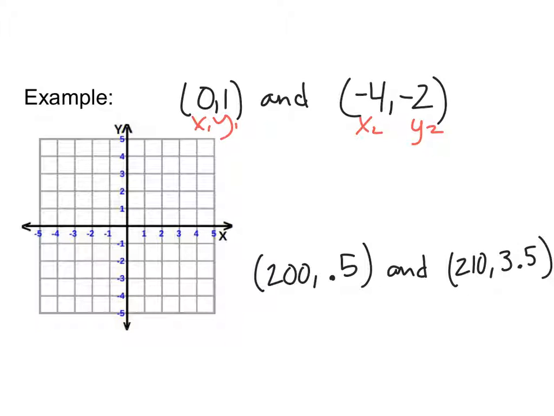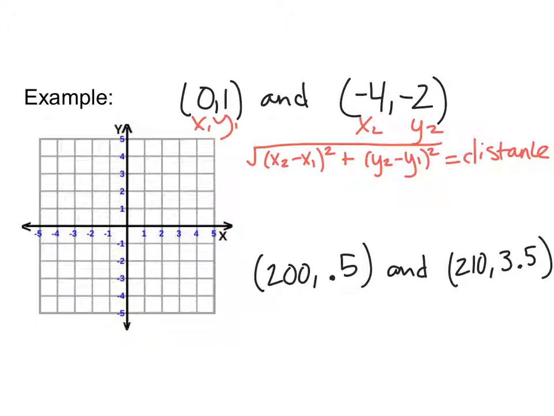So just like when I'm working with slope, I'm going to start by labeling my points, x1, y1, x2, y2. Then I'm going to plug into my formula. So here's my formula, and now I'm going to put in my values. Instead of x2, I'm going to write -4, and then minus x1, which is 0. I'll square it. This is all underneath that square root.